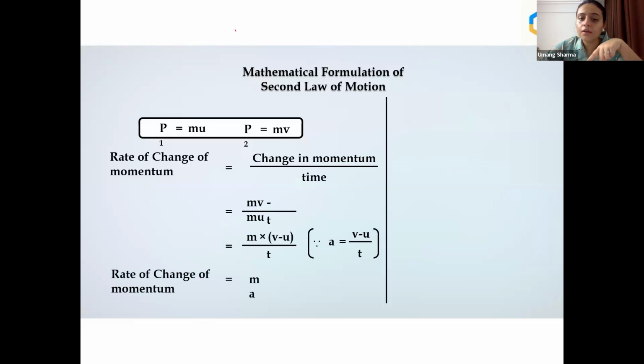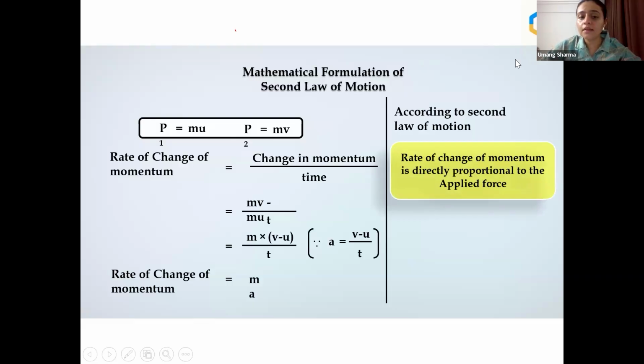Rate of change of momentum. According to the second law of motion, the rate of change of momentum is directly proportional to the applied force. Now, do you remember what we did by cancelling out the proportionality sign? What was constant there?